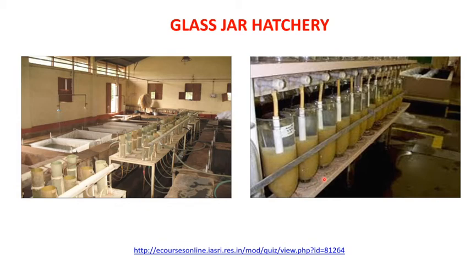The taps receive the required supply and pressure of water from the overhead storage tank. The top of the jar is fitted with a galvanized iron ring having a spout which serves as an outlet. A jar holds 6.3 liters of water and can accommodate around 50,000 swollen eggs of major carps.